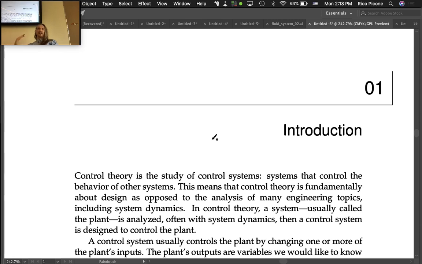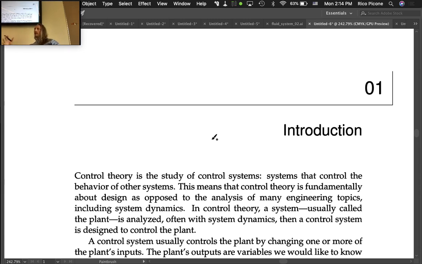Not just analyze something that exists. You want to say, oh, okay, this is what the performance is now. How could I make that performance better? Okay, so design is what control theory is really oriented toward.